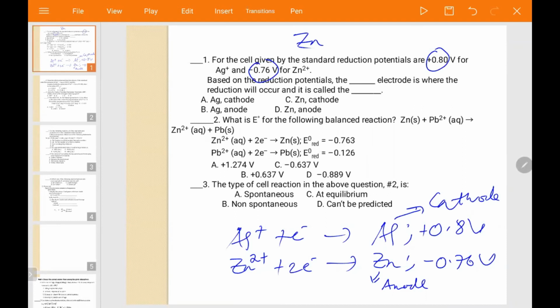The common feature of both electrochemical cells, electrolytic and galvanic: in both cells oxidation takes place at the anode and reduction takes place at the cathode. Don't forget this for both cells.